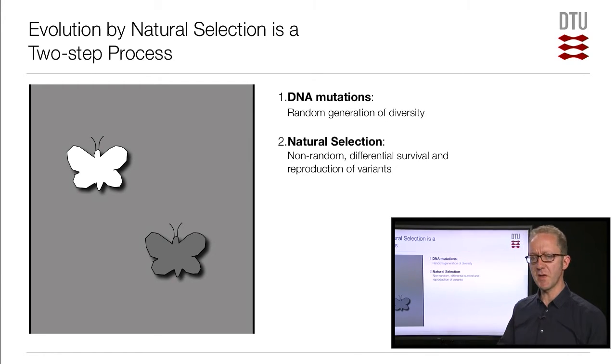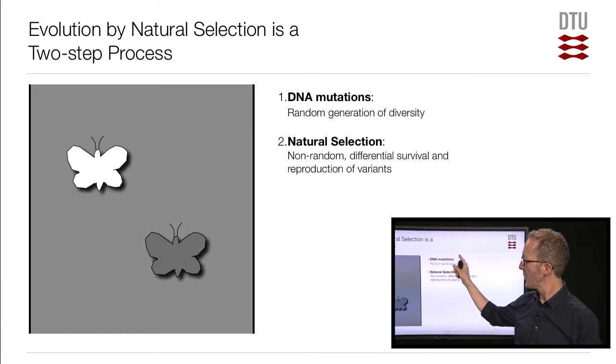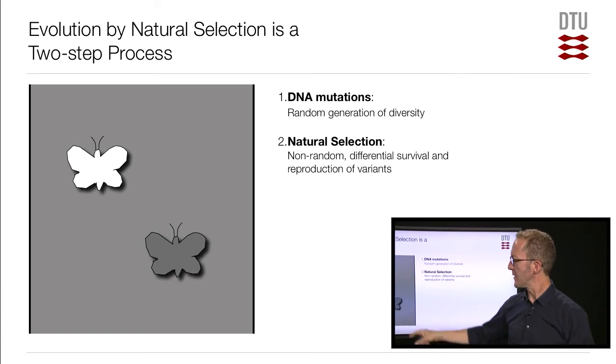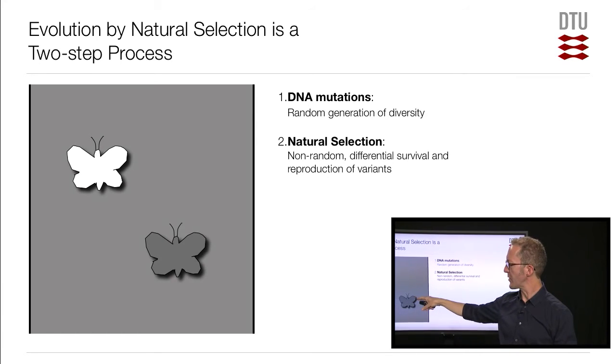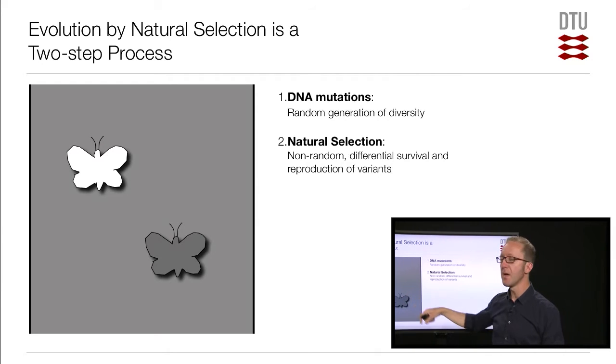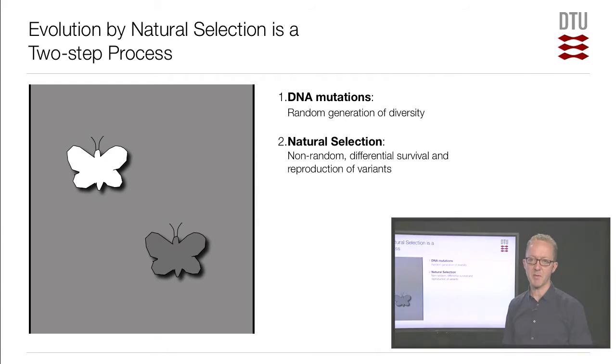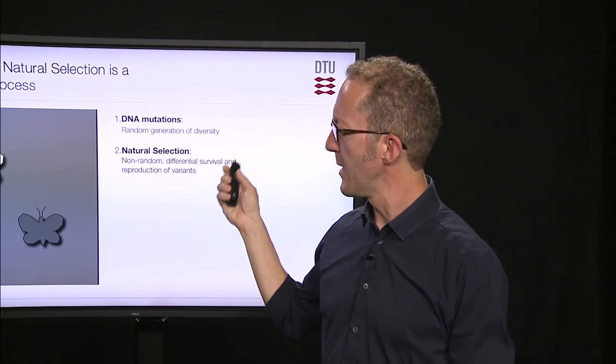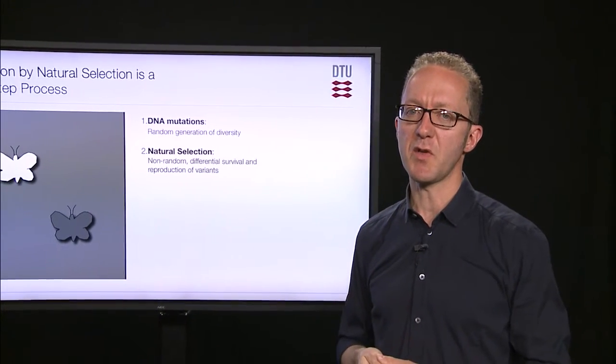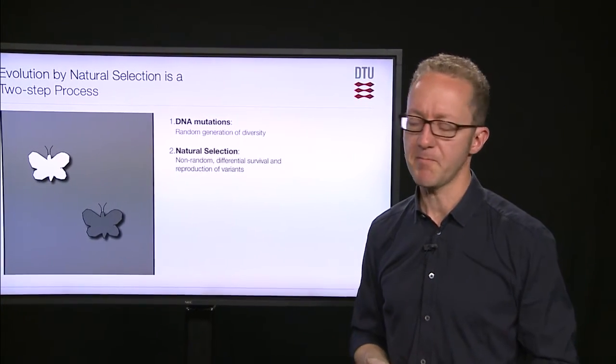Those that do not fit don't get offspring, or they don't survive for long enough to leave offspring. So over time, only the best fitting genes, the best fitting variants, are the ones that survive, meaning that over time a population will adapt to its environment. It's an extremely simple idea, but nevertheless a very powerful explanation for many natural phenomena.